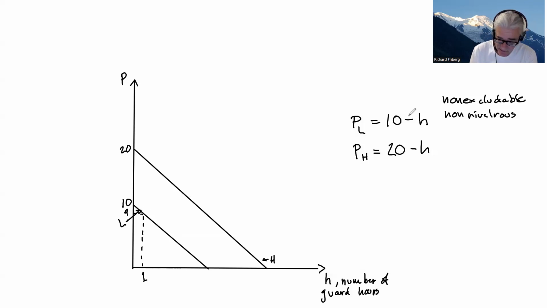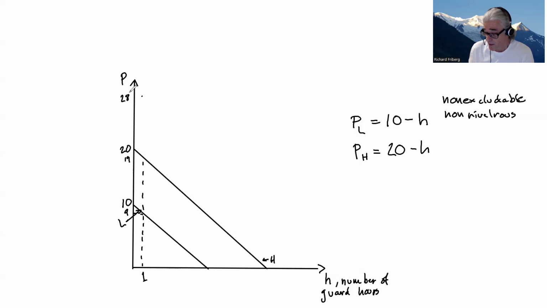The willingness to pay for the low type is 9. The willingness to pay for the high type, 20 minus 1, is 19. And the combined willingness to pay would be 19 plus 9, or 28.